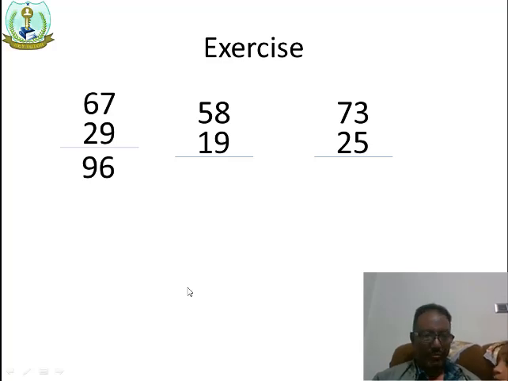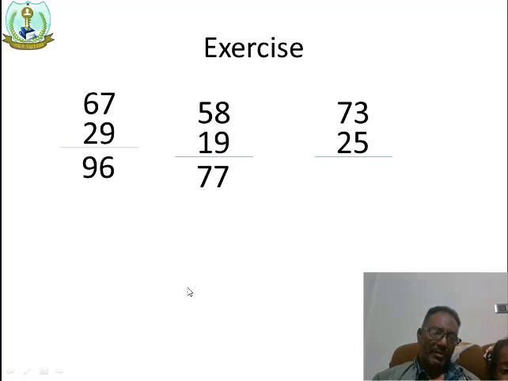Possible both ways. Even you can make 58 into 60 plus 19, and you subtract 2. In both ways, 58 plus 20 is 78, minus 1 is 77.